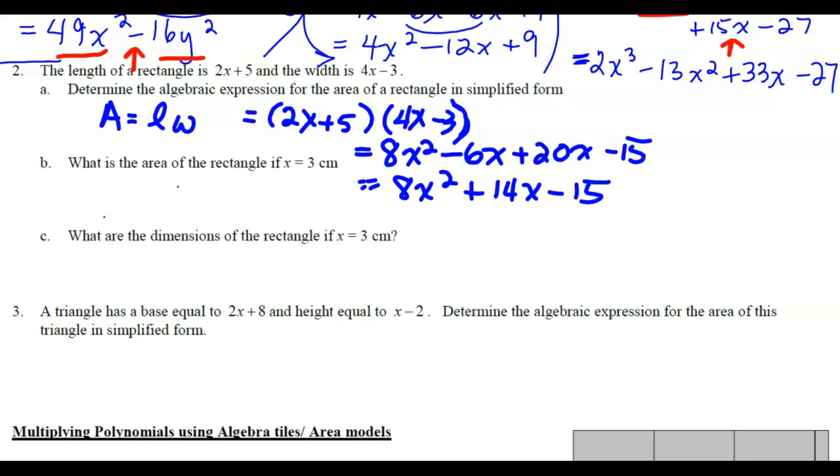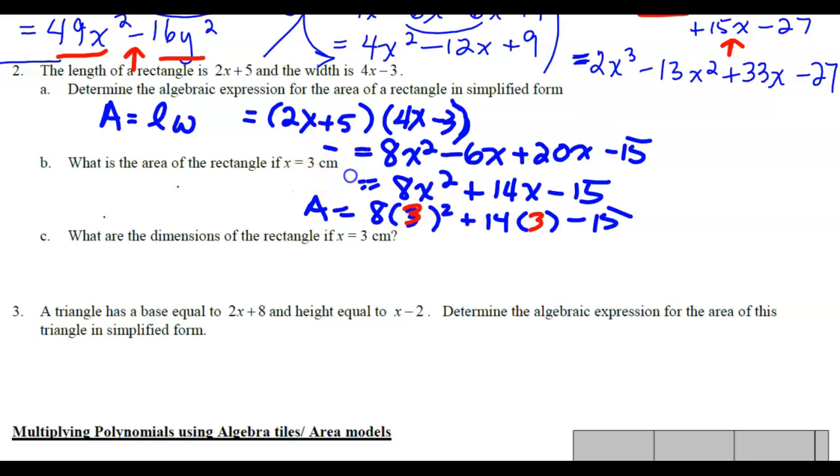Okay. Now, if we're finding the area when x is 3, I'm going to substitute in 3 for every x. Now do the order of operations on that.